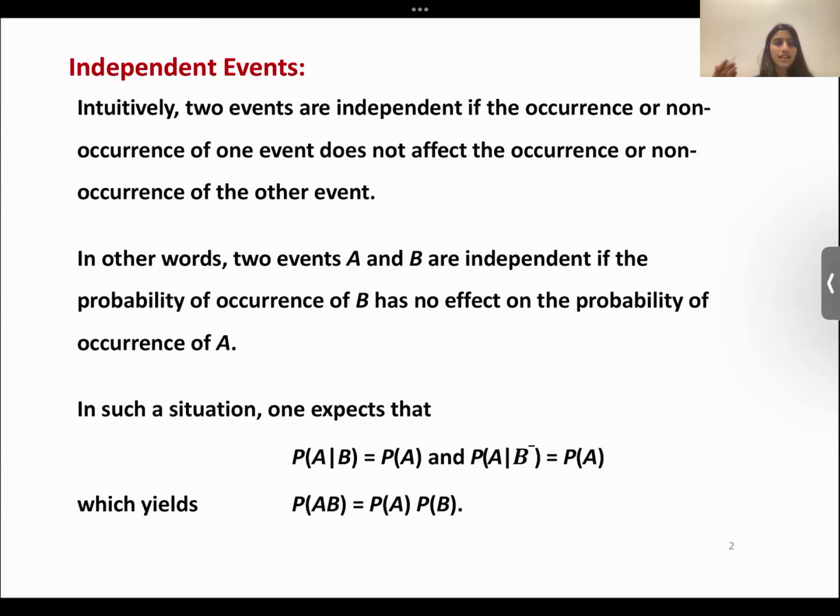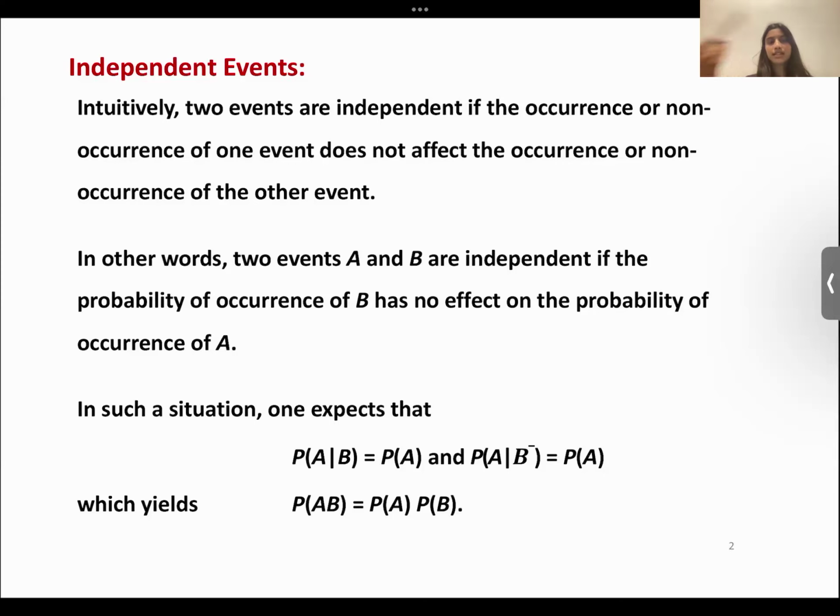If two events A and B are independent, their complement events, A complement (A bar) and B complement, are also independent. For example, let one event be that you get a king out of a selected card, and the other event be that the card is a heart.